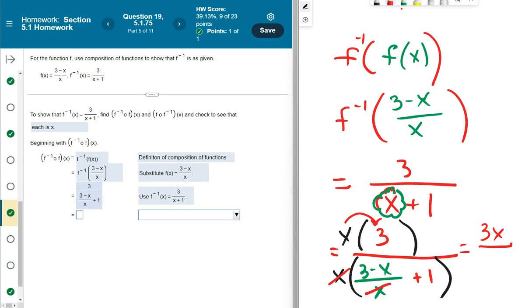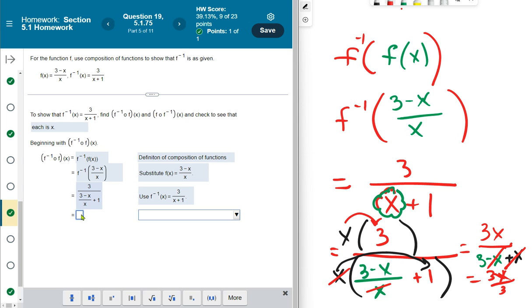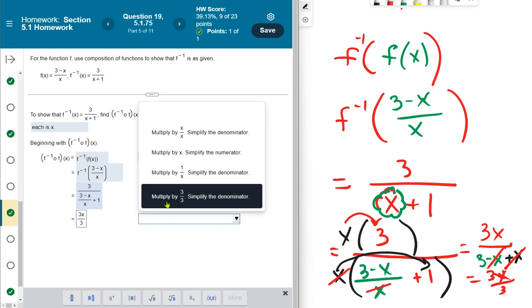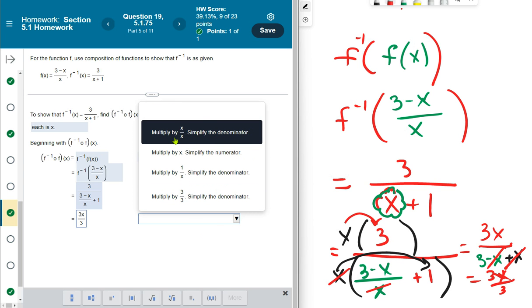It's going to cancel here, so I'm left with the 3 minus x, but I also have to distribute that x to the 1, so that would be a plus x, and then the x's cancel out, so I'm left with 3x over 3. Okay, so I'm going to type that in there, 3x over 3. And I got that from multiplying by x over x.